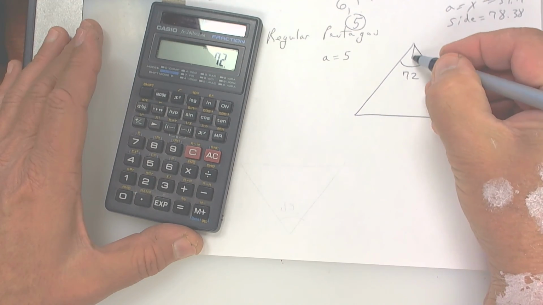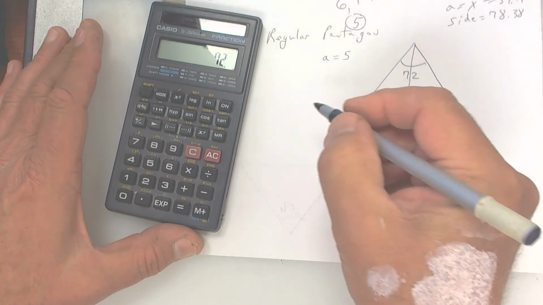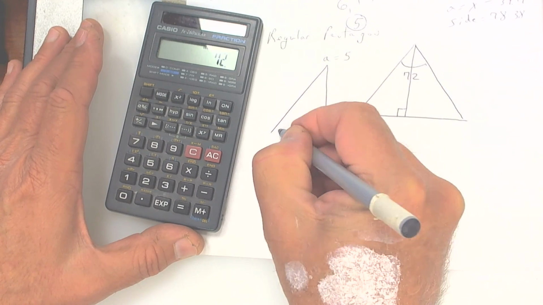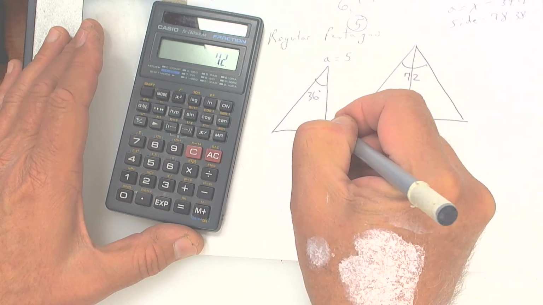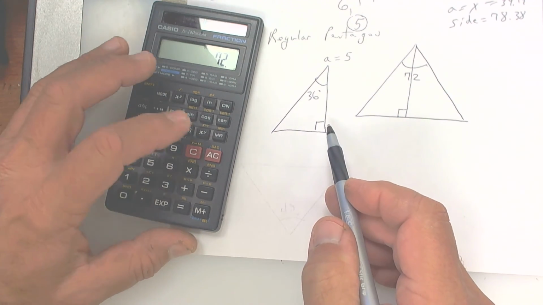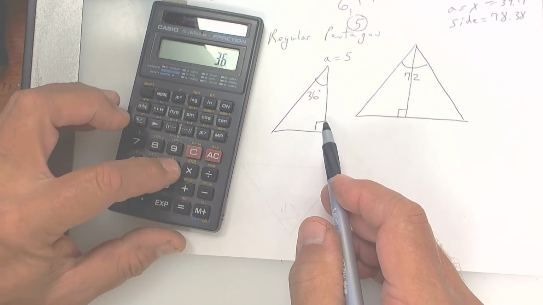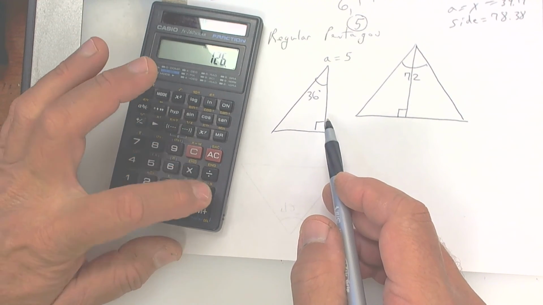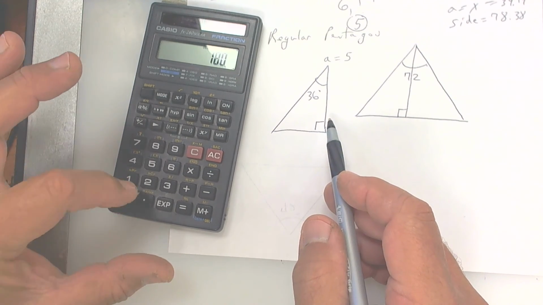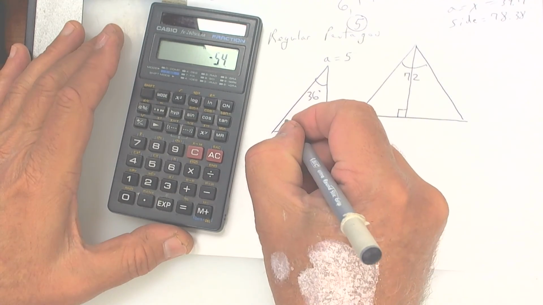And when you drop this down, it's going to split that. So this triangle now, half of 72 is 36. So put 36 degrees there. Okay, so 36 plus 90, and then minus 180. So this other angle is 54 degrees.